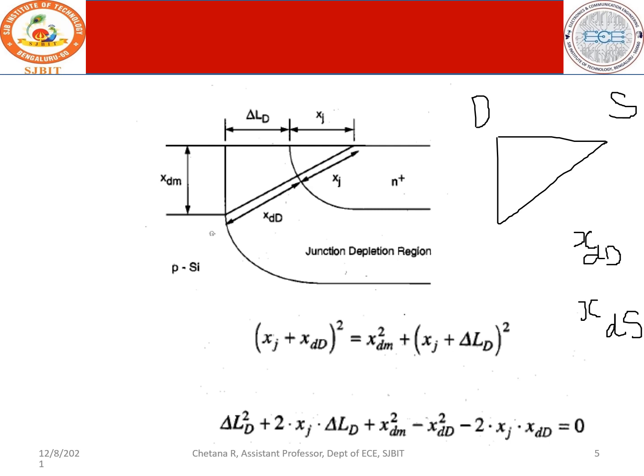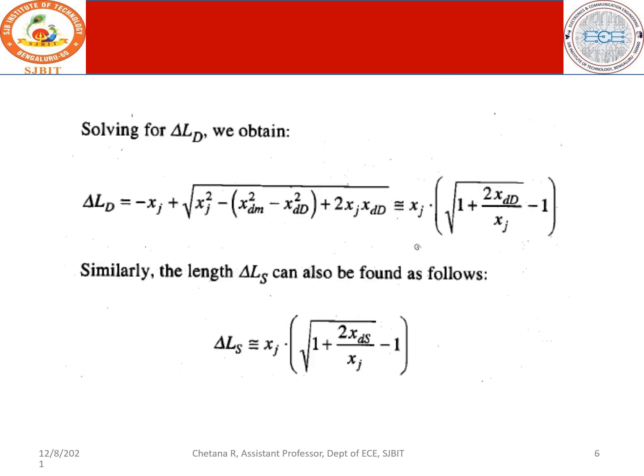So you get delta LD square plus 2 xj into delta LD plus xdm square minus xdd square minus 2 into xj into xdd equal to 0, since xj square has been removed. That is how the equation has been substituted here as 0, a quadratic equation. Finally, solving, we get this expression. So delta LD is given by this expression.